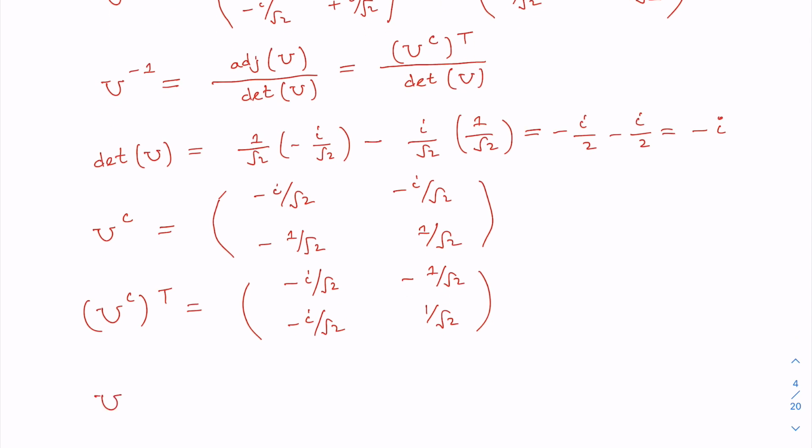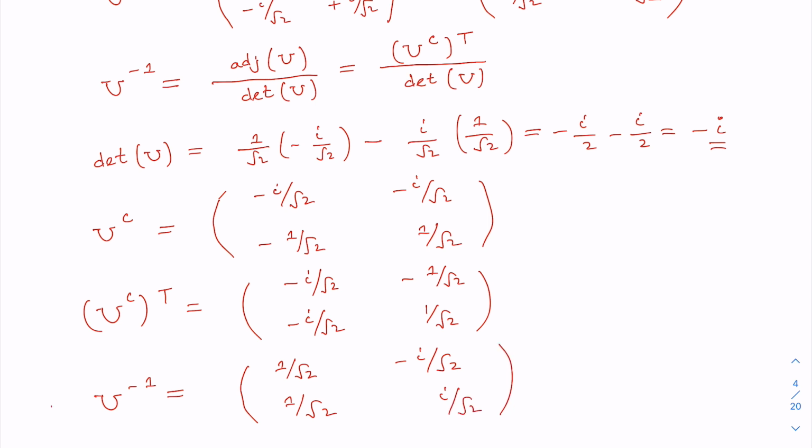Therefore, U inverse would be, you have to divide it by minus i, that is the determinant, and this will give us 1 by root 2, minus i by root 2, 1 by root 2, i by root 2.